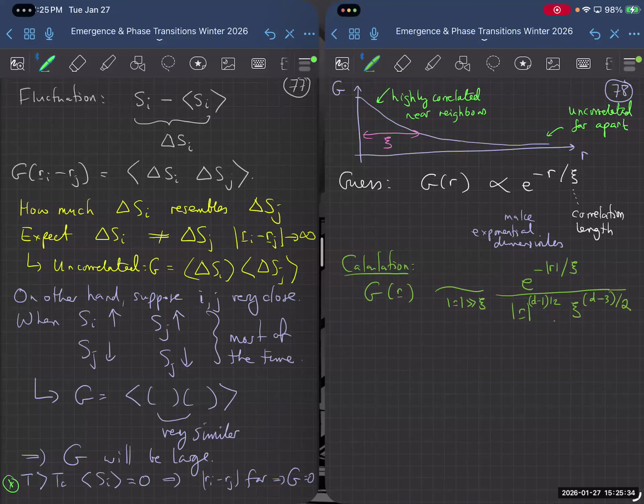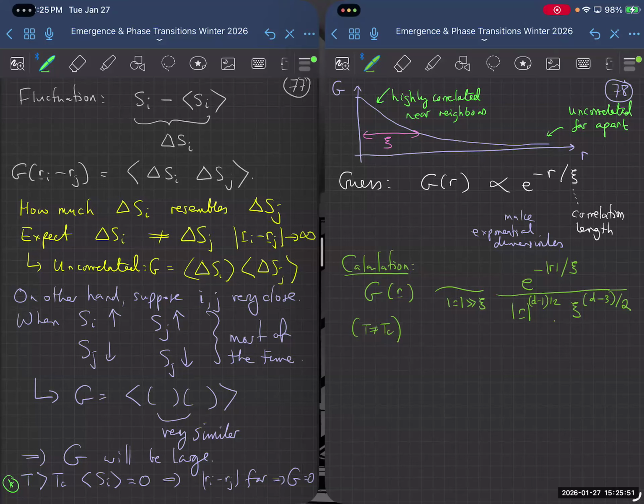So if I've copied this down right, then that's the correct formula for the asymptotics of the two-point correlation function. And this is true when t is not equal to tc. Okay, all right, so that's the asymptotics.